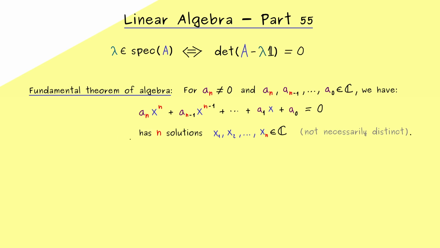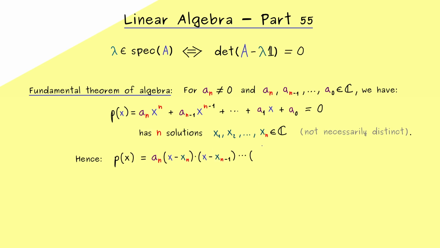However, it's still very useful to speak of n solutions then, because we can rewrite the whole polynomial. So if we call the polynomial p of x, then we can factorize it. This means that we have the leading coefficient a_n and then just linear factors. And inside these linear factors, we find the solutions x_1 to x_n.